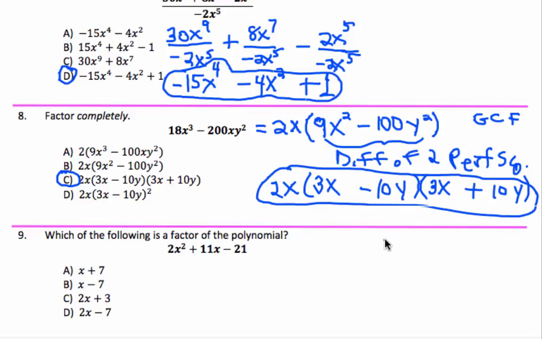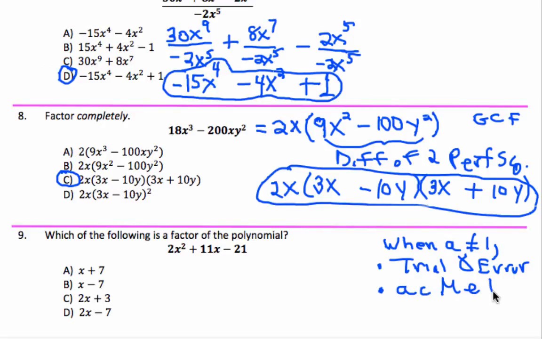So when a does not equal 1, you can use either the trial and error method to do this factoring, or you can use the AC method.